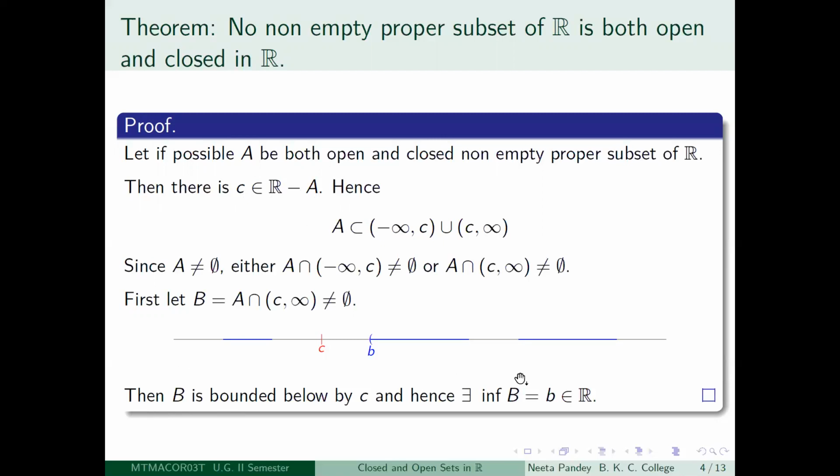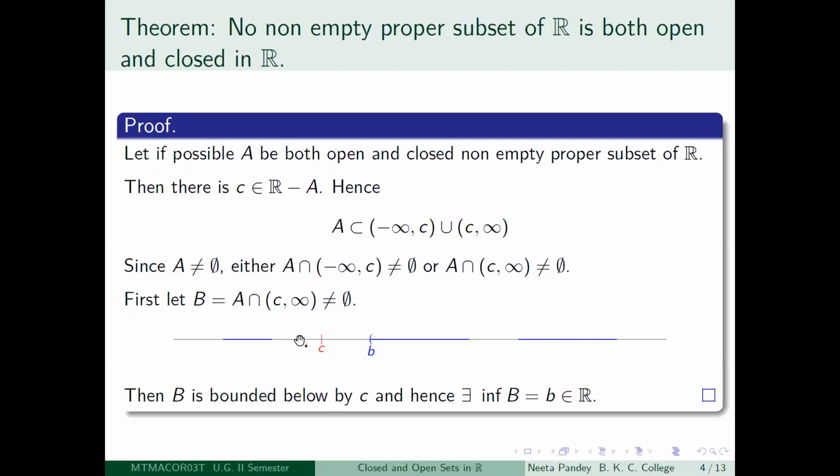Just look at this particular diagram. It might help you. What I have tried to do is draw the real line in a shade of gray, and the blue portions are the set capital A. Some of it can lie on the left hand side of C, some of it can lie on the right hand side of C. And C is not a point of A, which I am clarifying by showing C in red.